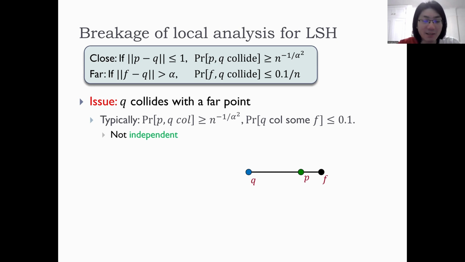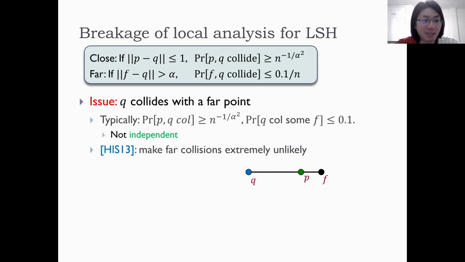Think about alpha equal to 1 plus epsilon for very small epsilon, so that Q and P are a close pair, and Q and F are a far pair. However, F and P are really close. So as we can see, the event that P and Q collide and the event that Q and F collide are highly correlated.